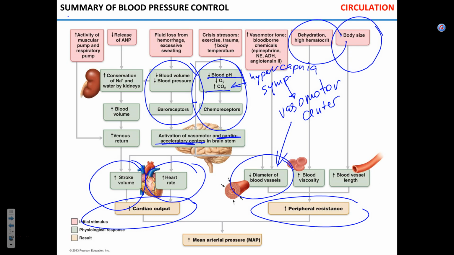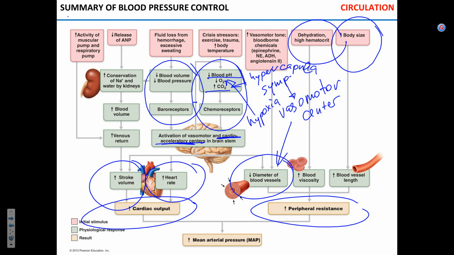Hypercapnia means elevated CO2. Or, for that matter, hypoxia. Does that make sense? So in response to acidosis, high CO2, low oxygen, chemoreceptors will pick up the signal, activate cardioacceleratory or vasomotor centers, and will increase heart rate. Does that make sense? Good?